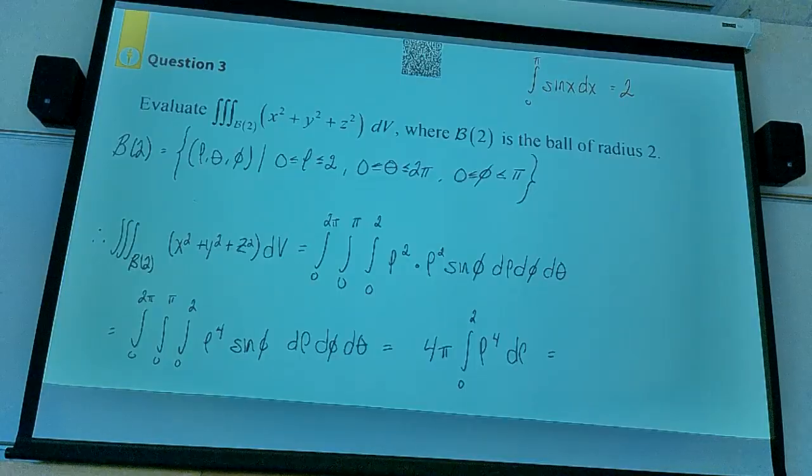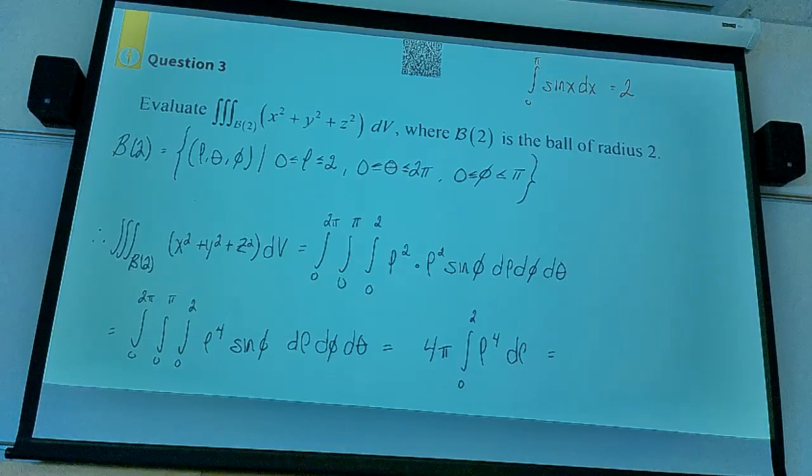One-fifth rho to the fifth, but that's from 0 to 2, which is just 2 to the fifth, right? 2 to the fifth over 5. What's 2 to the fifth? 32.